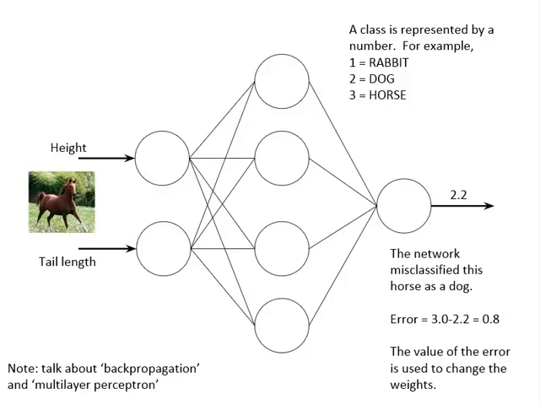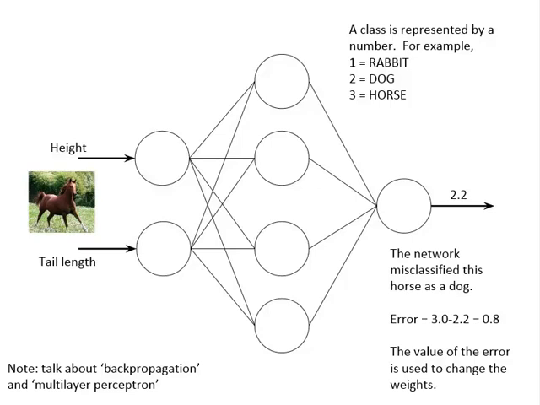The final neuron adds up all of its inputs and produces a class value. The first time we run this algorithm, it's likely that this neural network will not correctly classify the animal. For example, in this case, we've classified this input animal as 2.2, which would correspond to a dog.